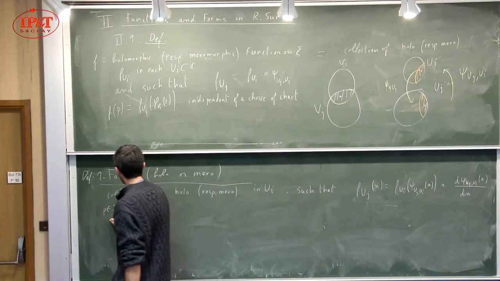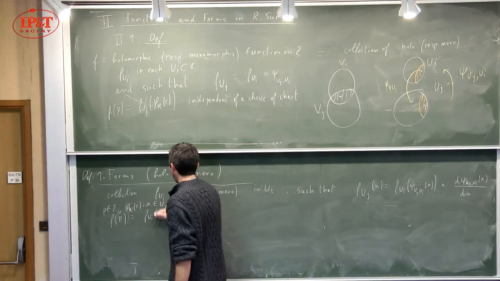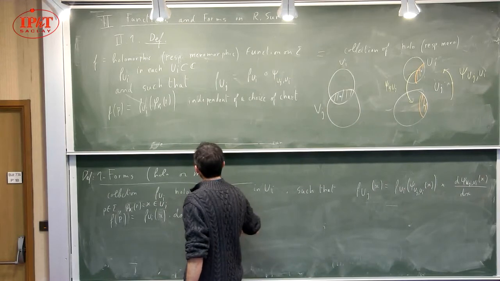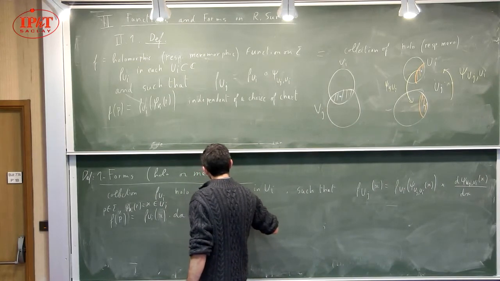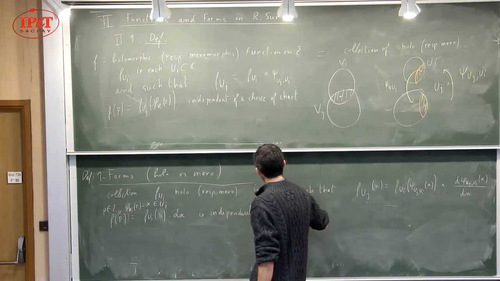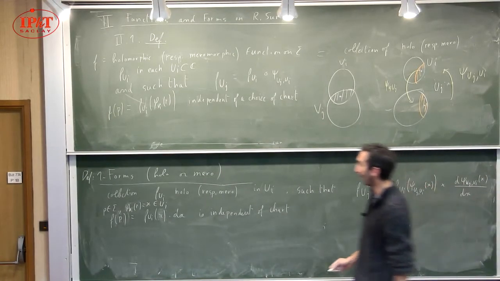I'm going to define f(p) to be f_{U_i}(x) times dx, which is independent of the chart. So when I multiply by dx, I get something independent of the chart. So this is locally a one form on C.